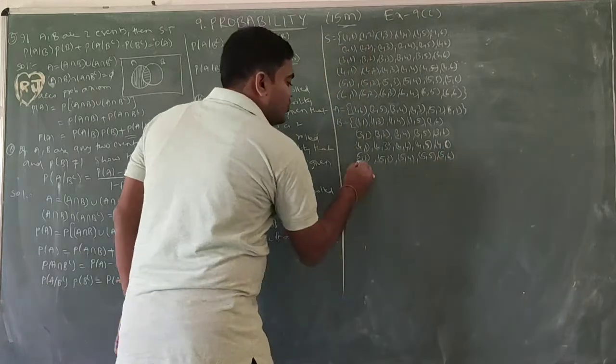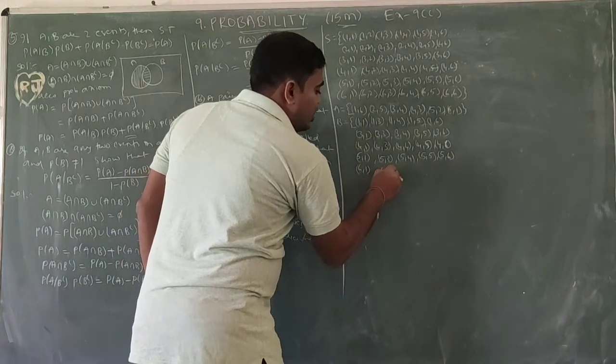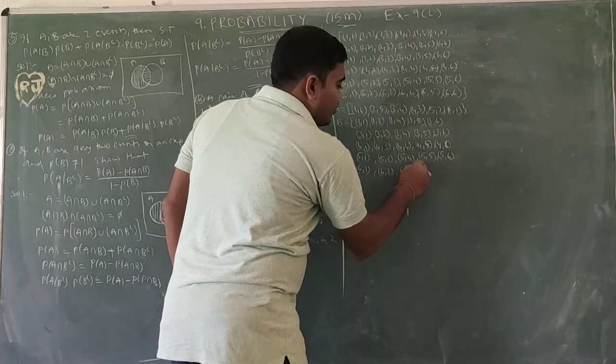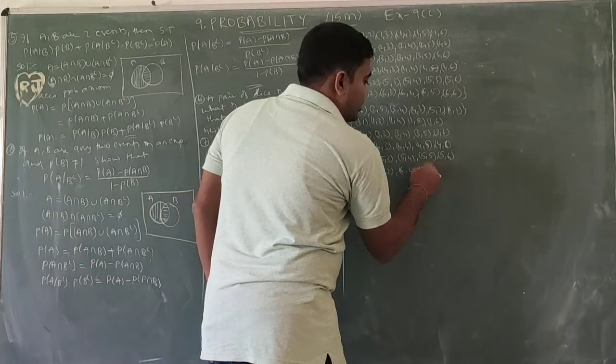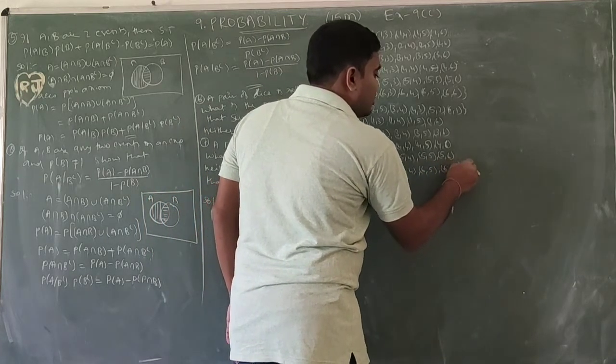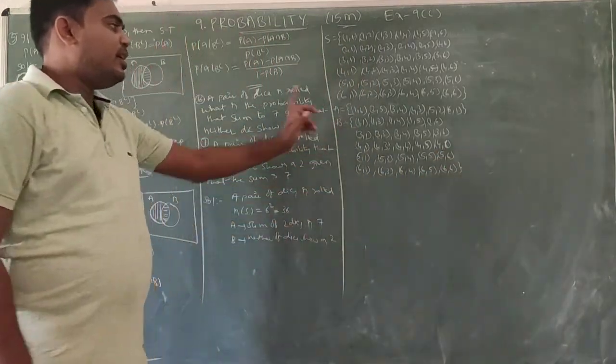Now 6 1, 6 3, 6 4, 6 5, 6 6. So these are the choices where neither of the dice shows 2.